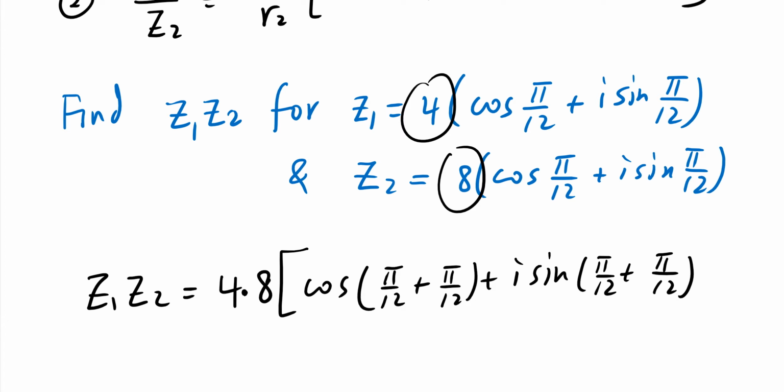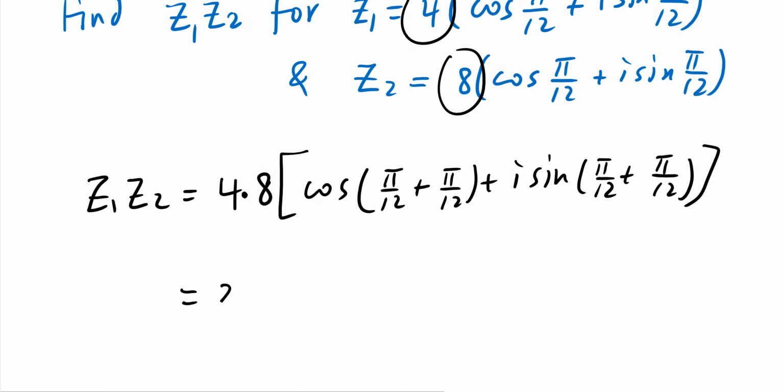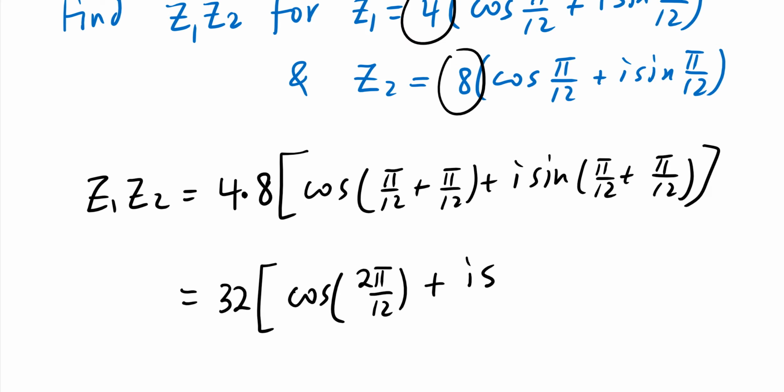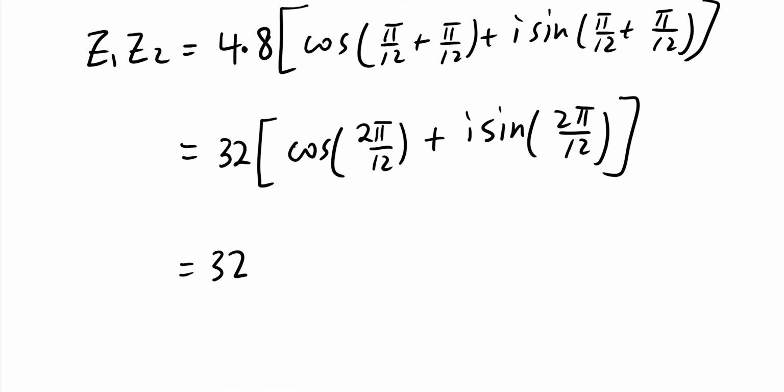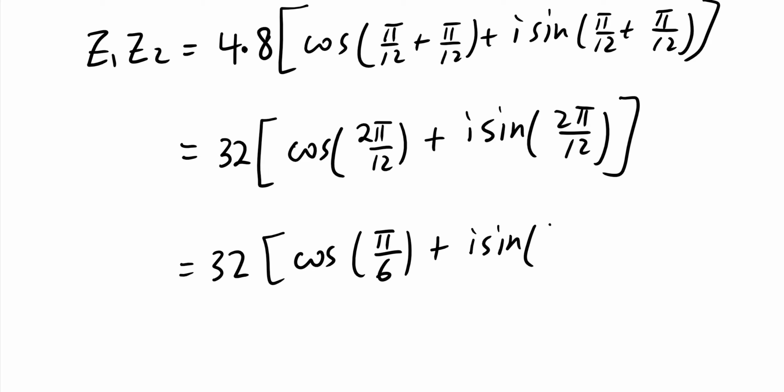So now let's see what we get. 4 times 8 is 32, cosine. Here we get two copies of pi over 12, plus i sine of two copies of pi over 12. And that gives us 32 cosine pi over 6 plus i sine pi over 6.